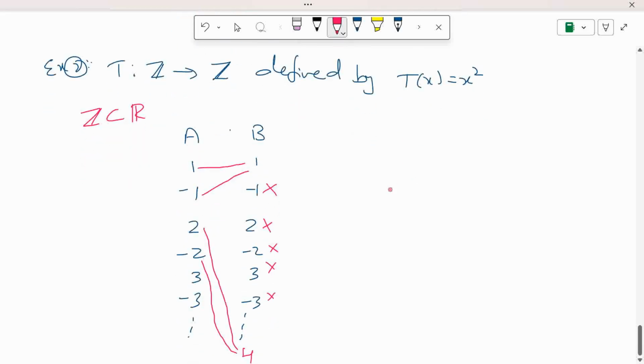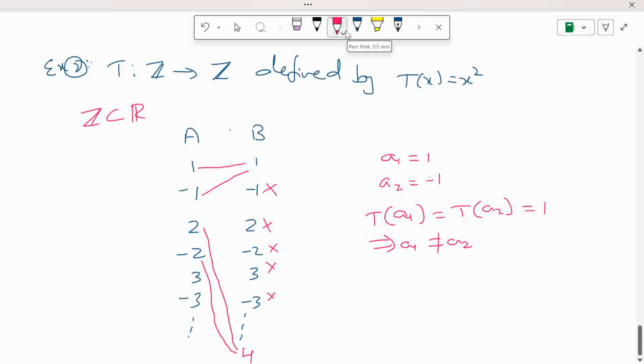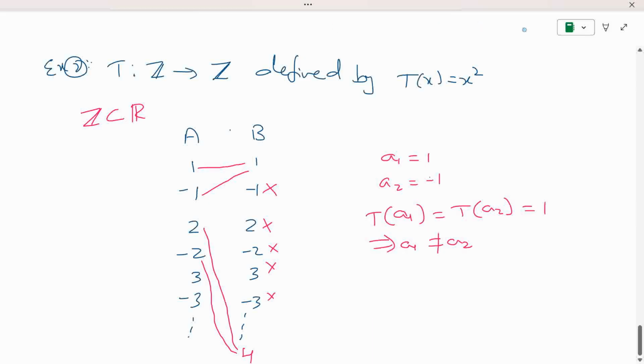For example, let a1 equal to 1, a2 equal to minus 1, but T of a1 equal to T of a2, which is plus 1. This implies a1 is not equal to a2. So it is not injective.